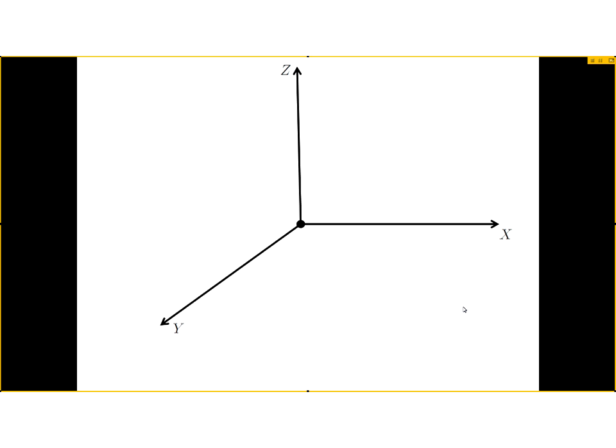So this is our Cartesian system, and over here we have an x coordinate, y coordinate, and z coordinate. We have one point, and we have to draw a vector, and there are three things: one is the x coordinate, another is the y coordinate, and another is the z coordinate.